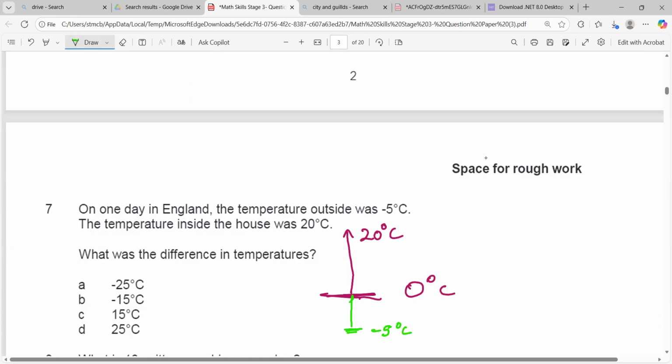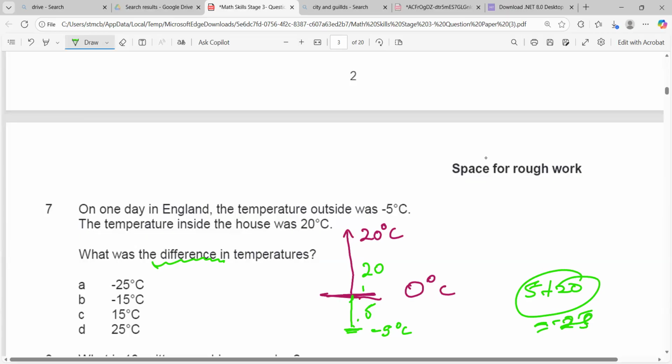Now, what they want is the difference in temperature. So how can we get from -5 to +20? First, we'd have to go up 5, right? And then another 20. So it's 5 plus 20. It's not about any minus. That's the difference in temperature.